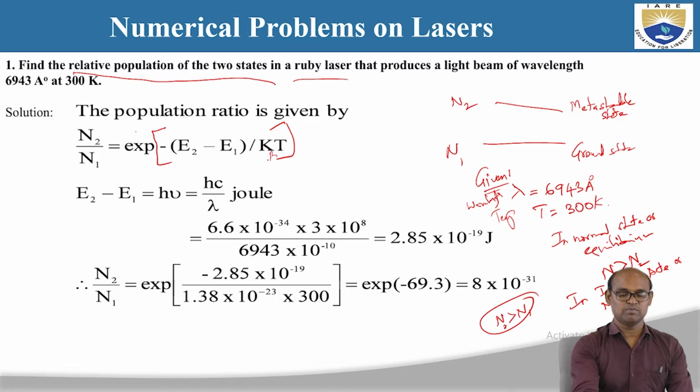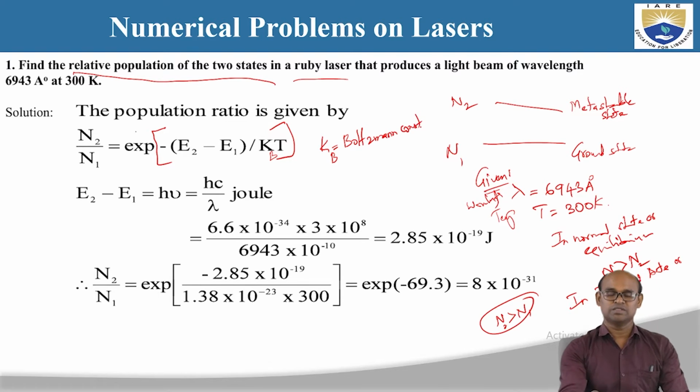K is the Boltzmann constant, which you can write as KB. It's a universal constant, so you need to remember its value: 1.38 into 10 power minus 23 joules per Kelvin.